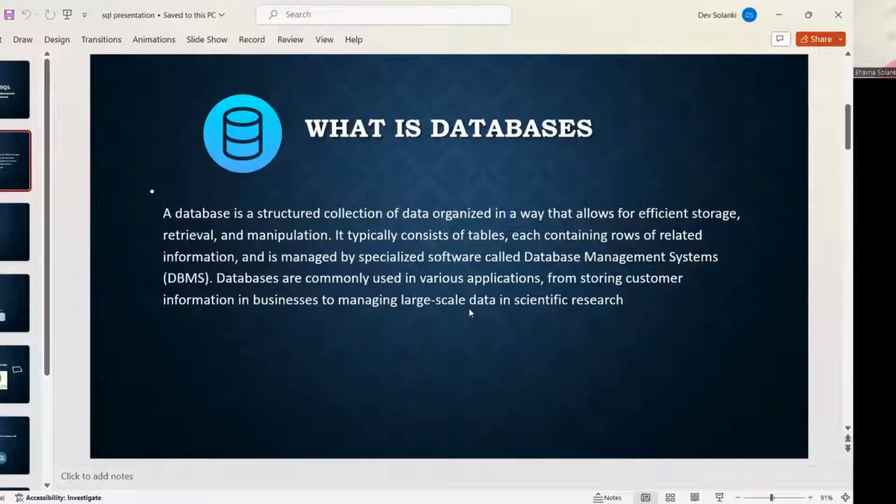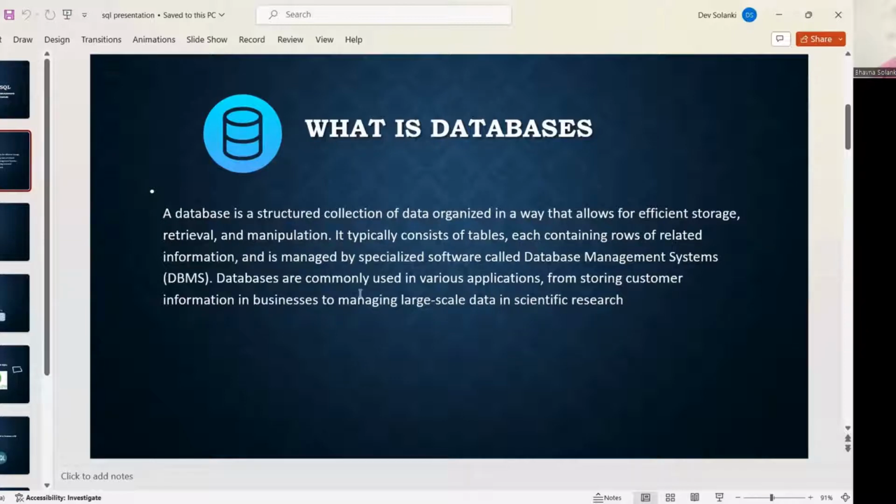Databases is nothing but a collection of data. This is the definition of databases. A database is a structured collection of data organized in a way that allows for efficient storage, retrieval, and manipulation. If we want to make any changes, like adding data, deleting old data, or making any changes in our data set, which is recorded in digital form in the computer system, we use databases, the structured collection of data.